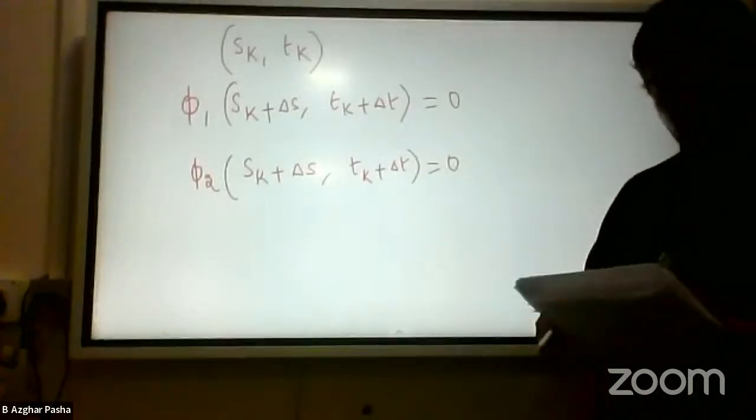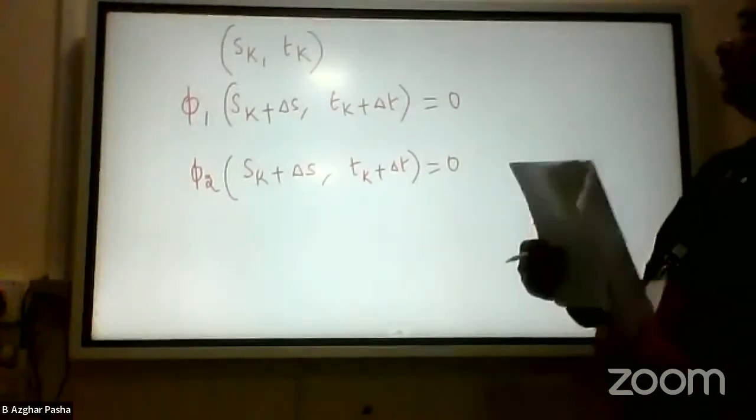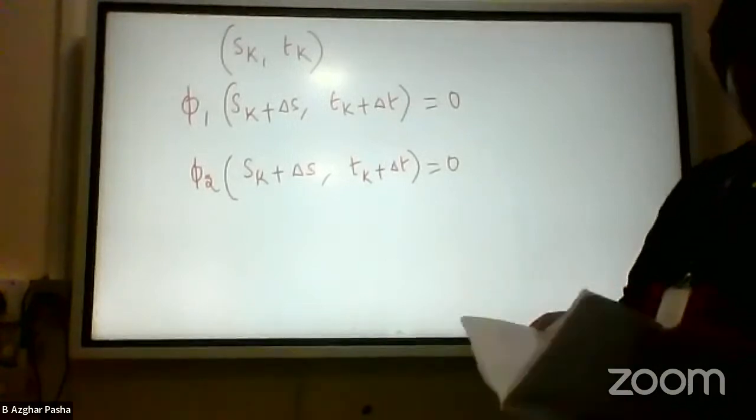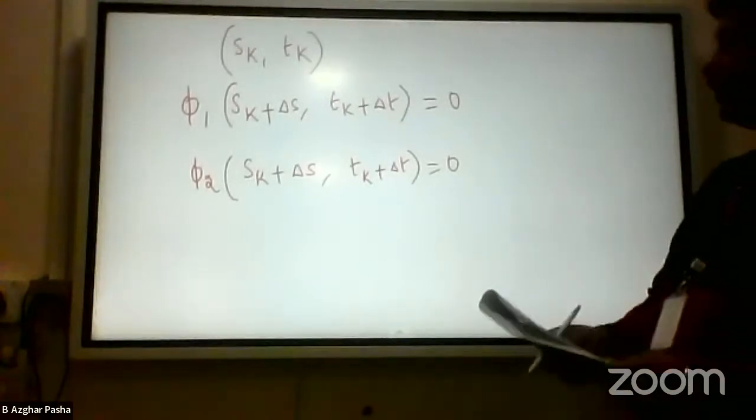Now you have to expand these two using Taylor series expansion of function of two variables.